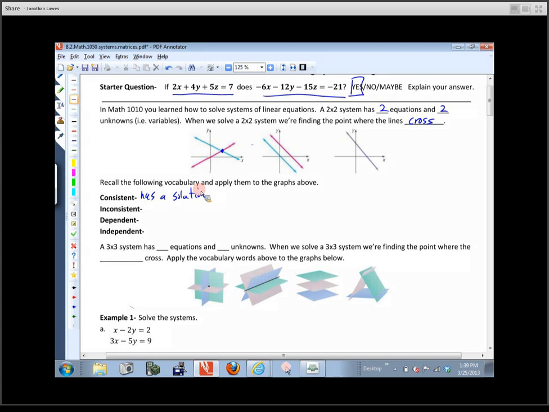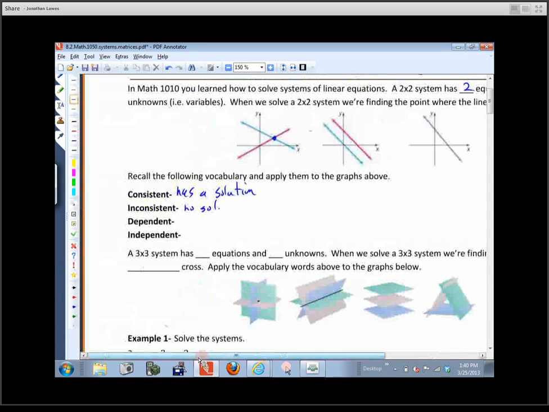There's got to be an answer. So what does inconsistent mean? Doesn't have a solution, or we can say no solution. Okay, does anybody remember what dependent means? They're the same line, so it would be this case right here. So it's going to have infinitely many solutions.